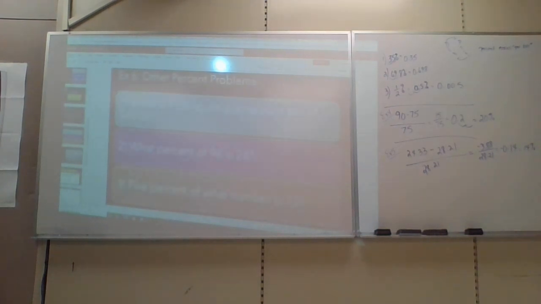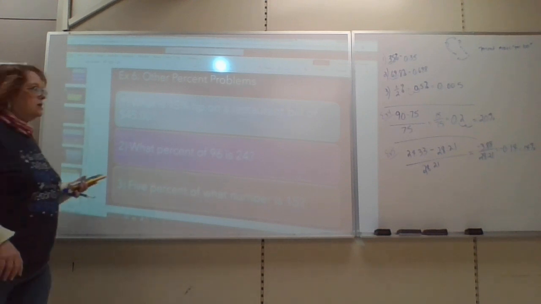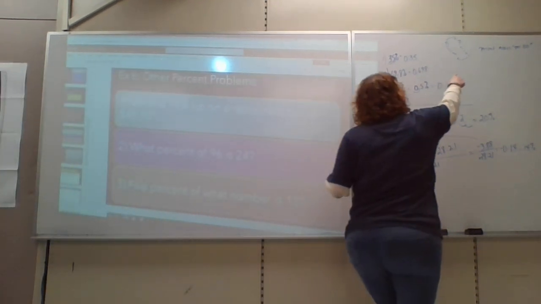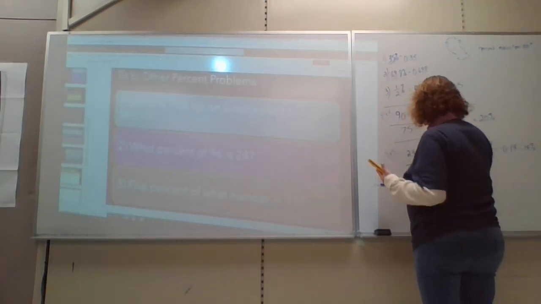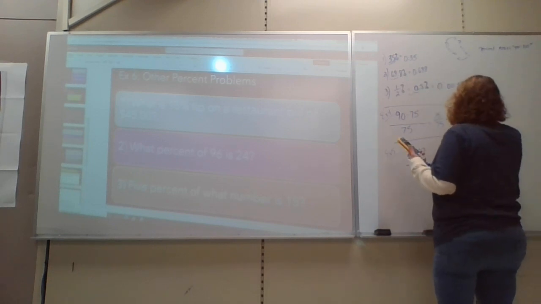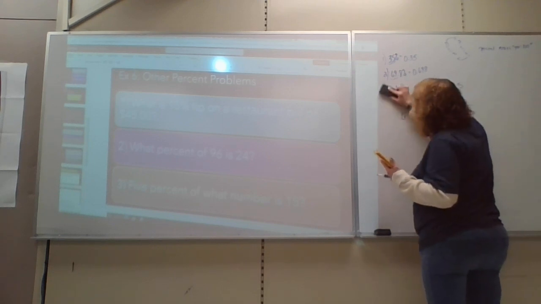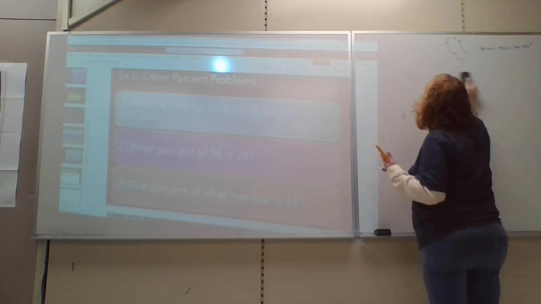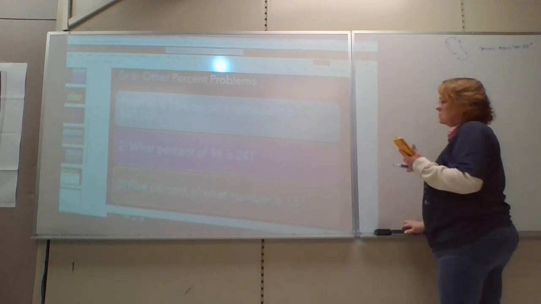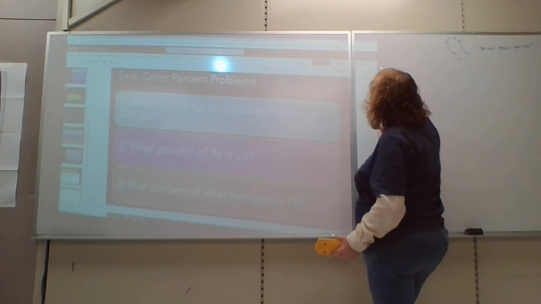Here are some other percent problems. I'm going to erase these right here, but keep this up here. Let's look at number 1.